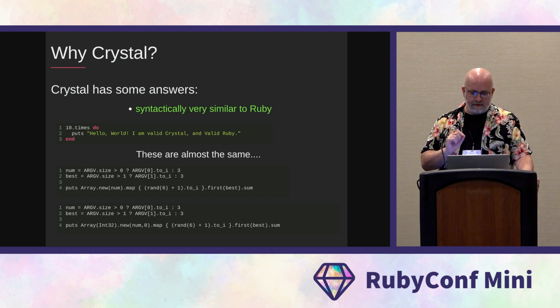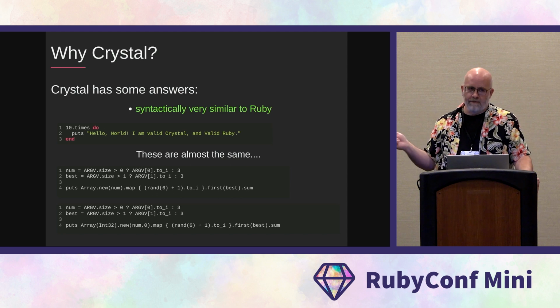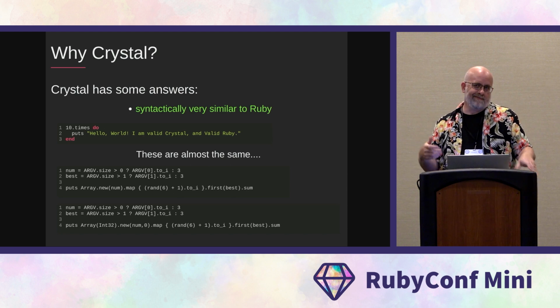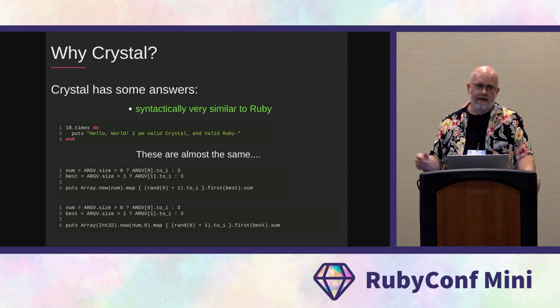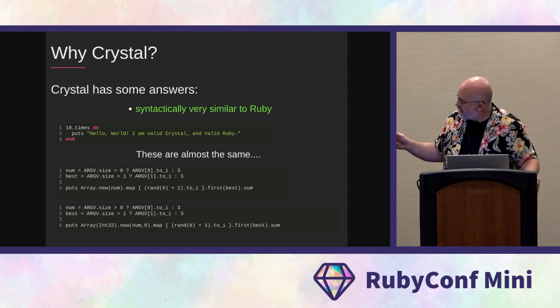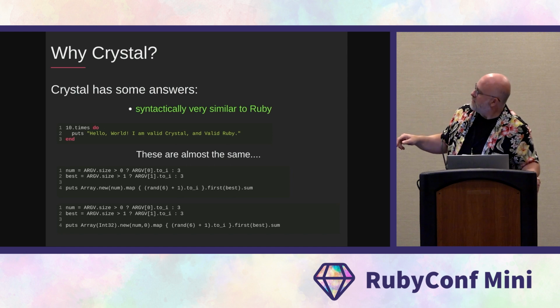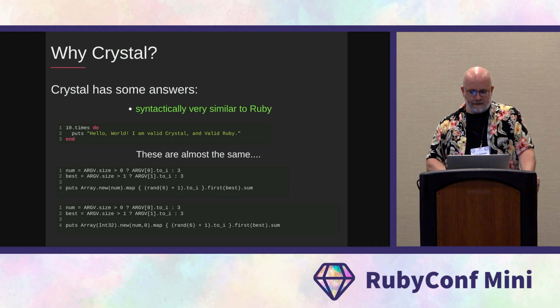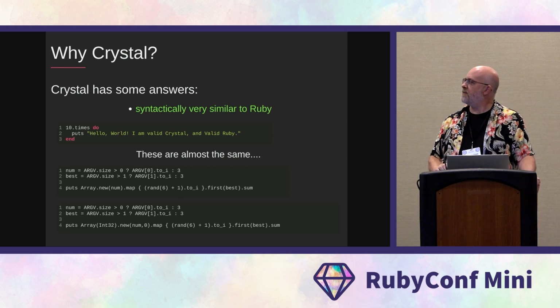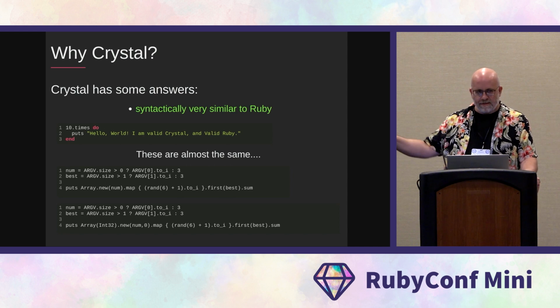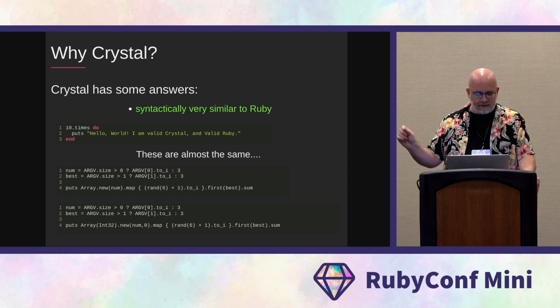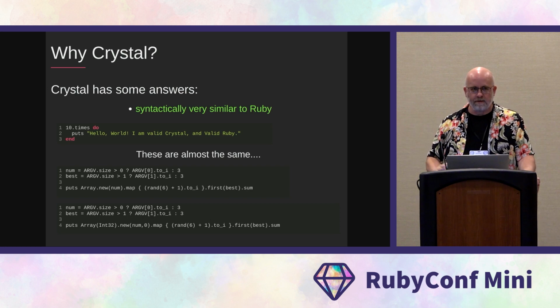The only difference between the two is that in Crystal, if you're declaring an array, you have to tell it what it's going to store. So you have a little bit of typing information in there. It's kind of little on this screen, but you can see that bottom line where it says Array, there's an Int32 in there to tell it what the type of the array is, but that's the only difference.